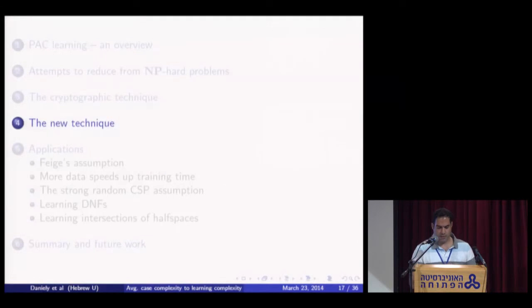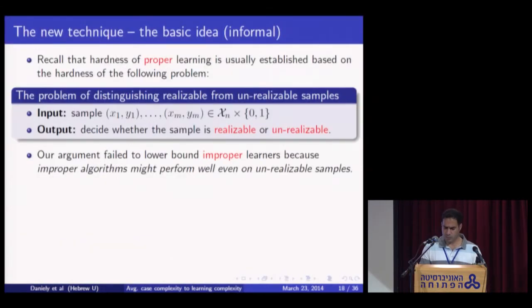Okay, so that's all I will say about this technique, and now we introduce our new technique. I remind you that in order to prove hardness of proper learning, we showed that the problem of distinguishing realizable from unrealizable samples is hard.